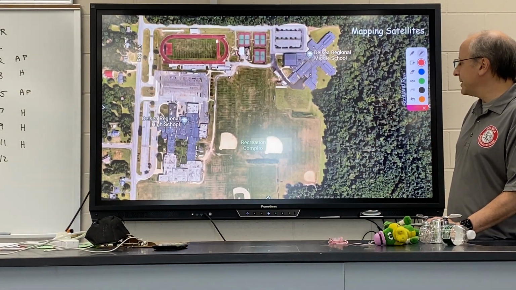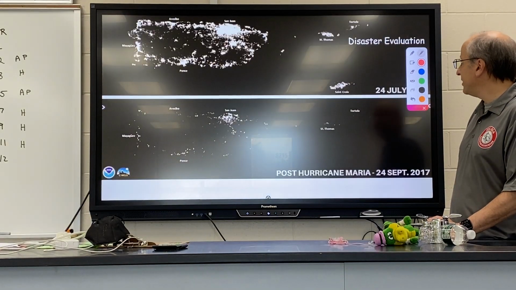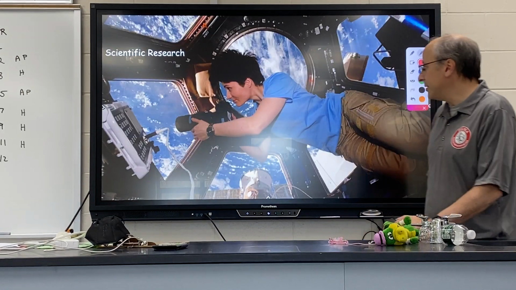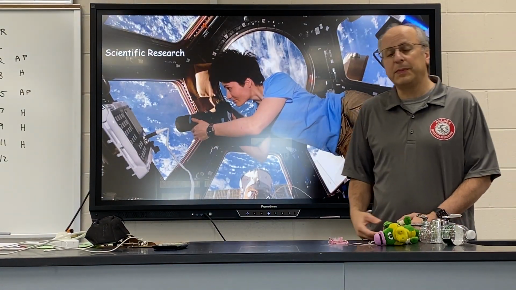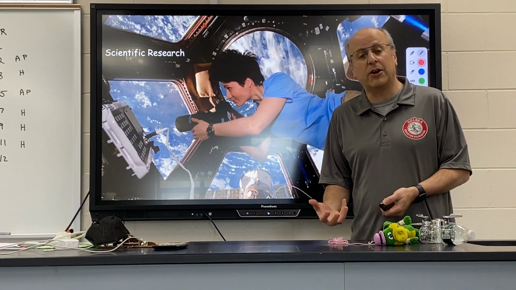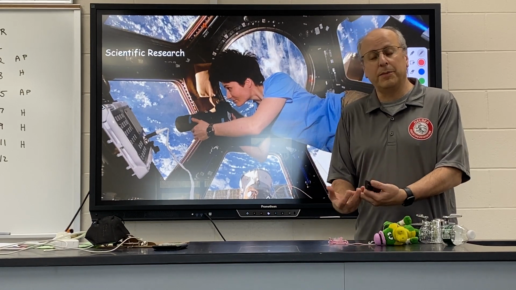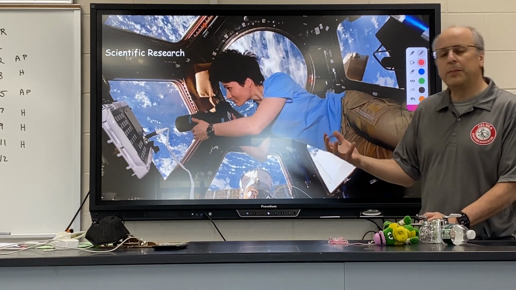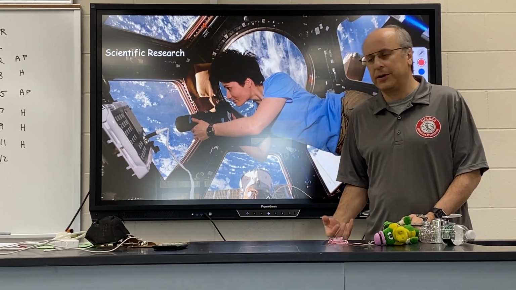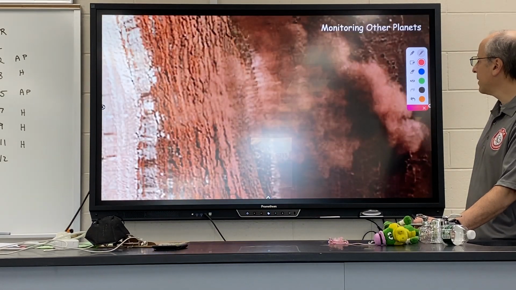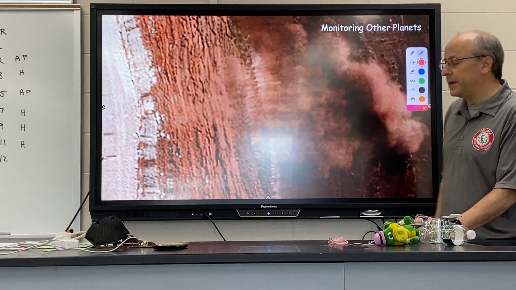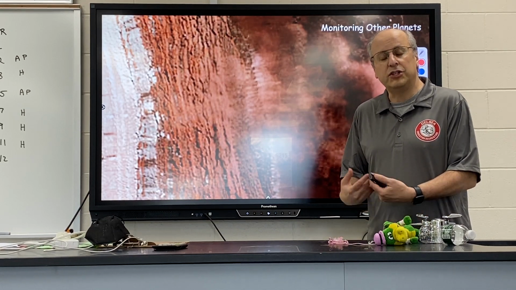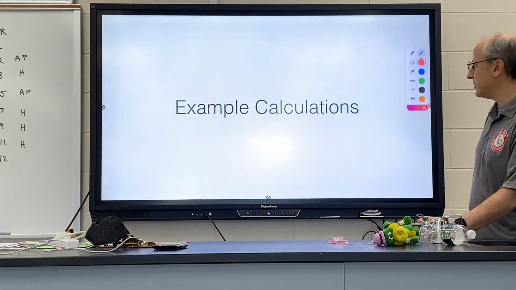We can do it for mapping satellites, spy satellites, satellites that help us evaluate what's happening after a disaster, or just our International Space Station where we have humans orbiting the Earth. These formulas will let us figure out how these satellites are going to move, and where we need to put these satellites so they have certain properties. We also have satellites orbiting other planets like Mars so that we can get a better feel for the geology of these other planets.